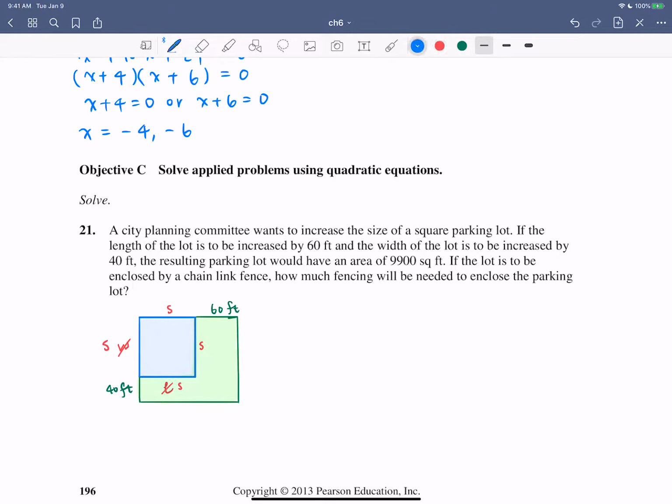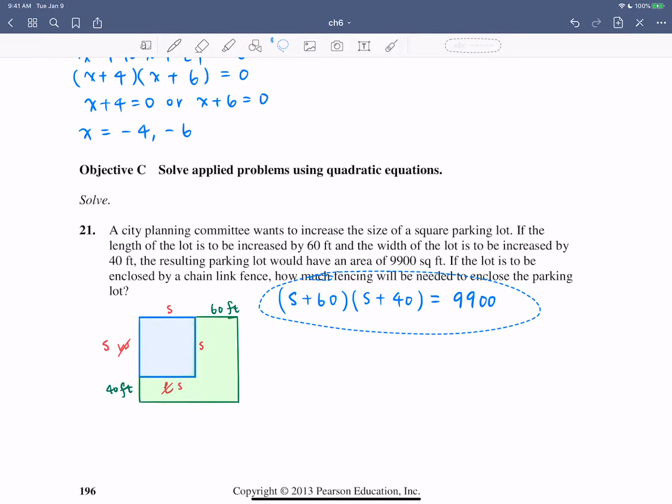By looking at the diagram, the new length will be S plus 60, and the new width will be S plus 40. It's a rectangle. To calculate the area of a rectangle, you simply multiply the length and the width, and it's going to give you 9900. So this is the equation that we constructed for the area.